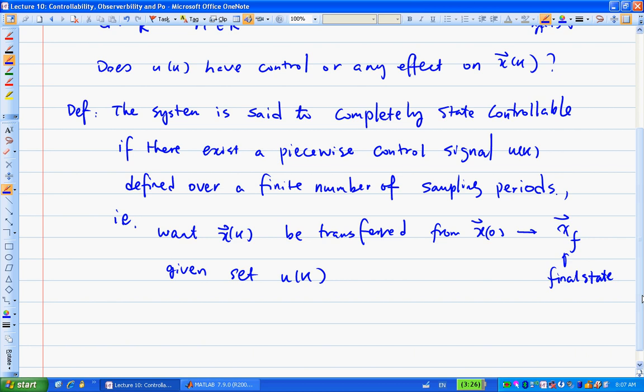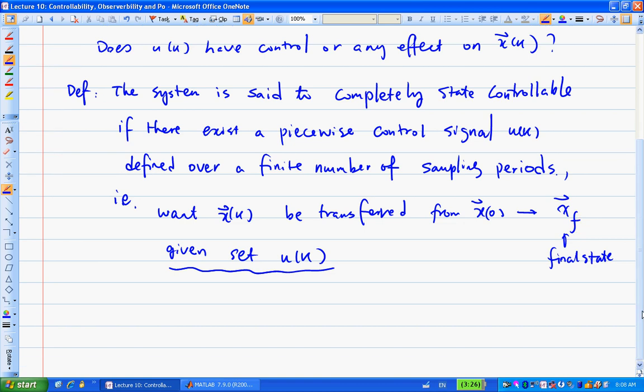So if this u of k exists, so mathematically you can find a set of values u of k so that you can bring it from the initial to the final state, then it's completely state controllable.